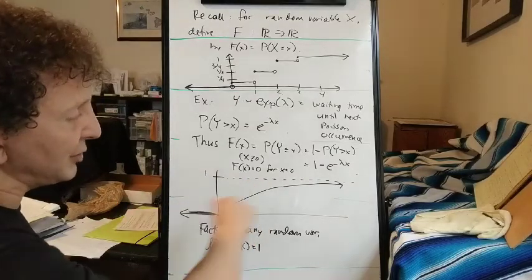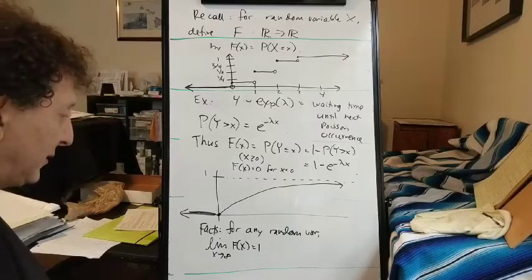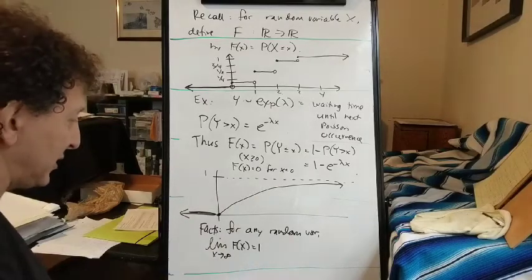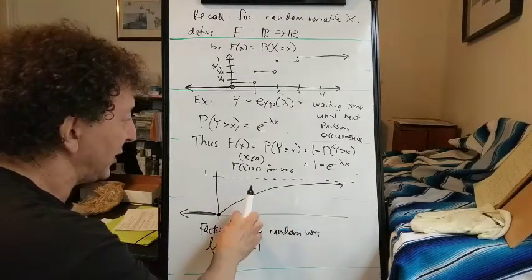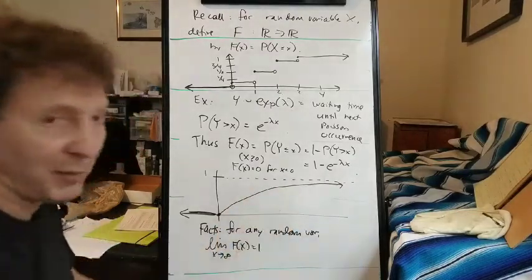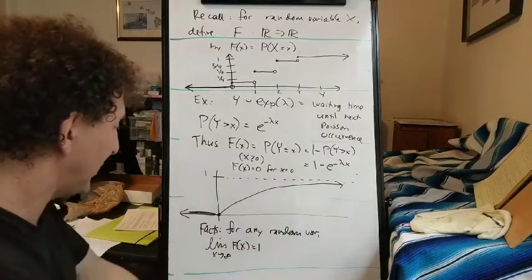And maybe there's no limit to what the values could be. They could be arbitrarily large. But as we let x go to infinity, we're going to get more and more of them. So the probability of seeing a certain value or less gets closer and closer to 1.